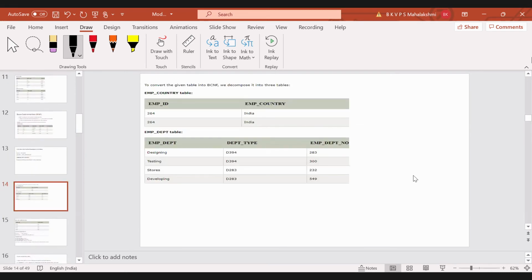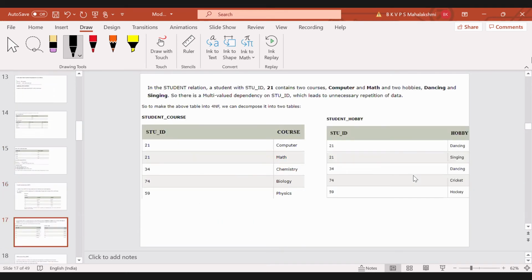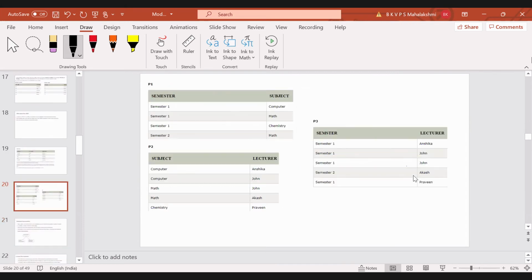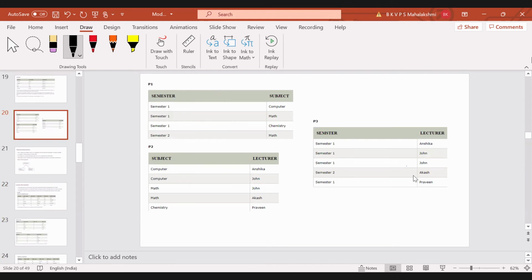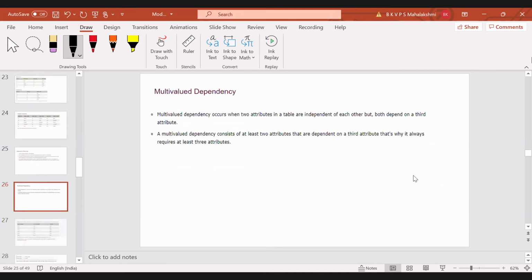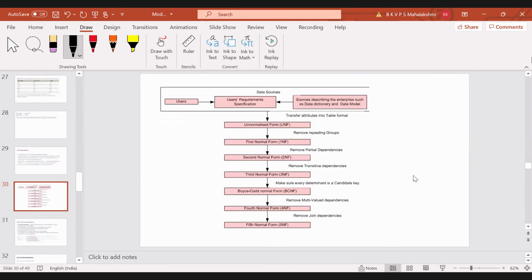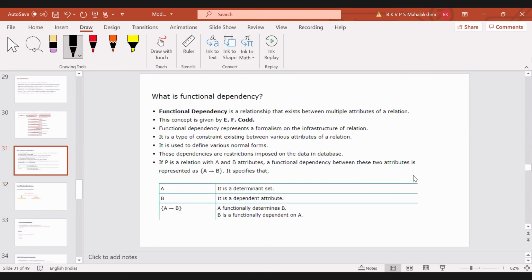So at first, we'll discuss the functional dependency concept. So what is functional dependency? I've already told you about this. A tends to B is a functional dependency.